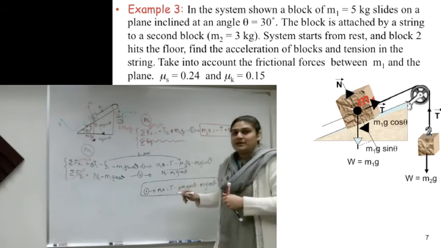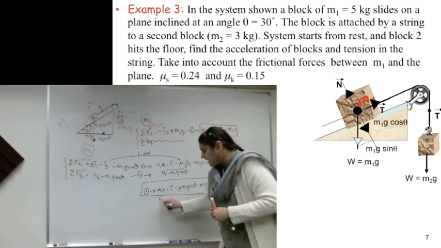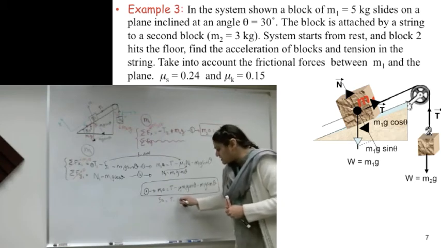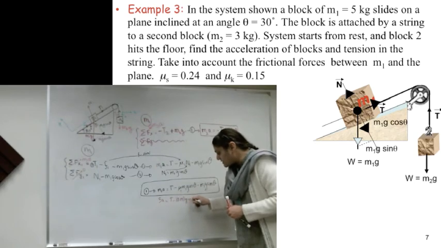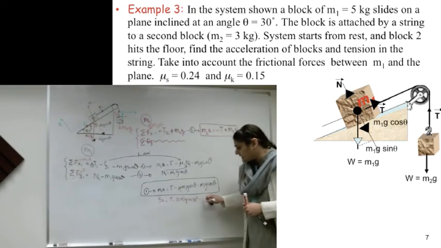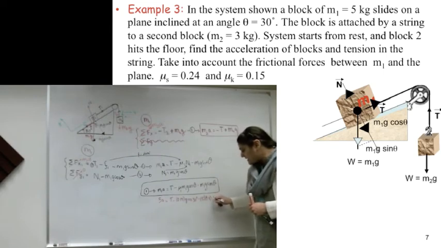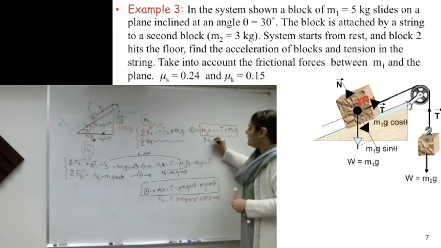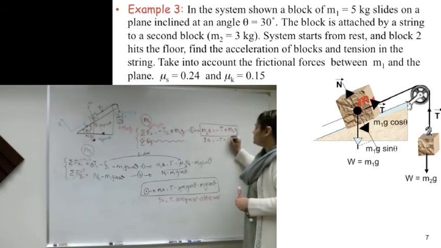So M1 is 5, so 5A equals T minus mu1, which they give me as 0.15, times G cosine of 30 degrees, minus 5 times 9.8, which is G, sine of 30 degrees. For M2, it gives me 3A equals minus T plus 3 times 9.8.